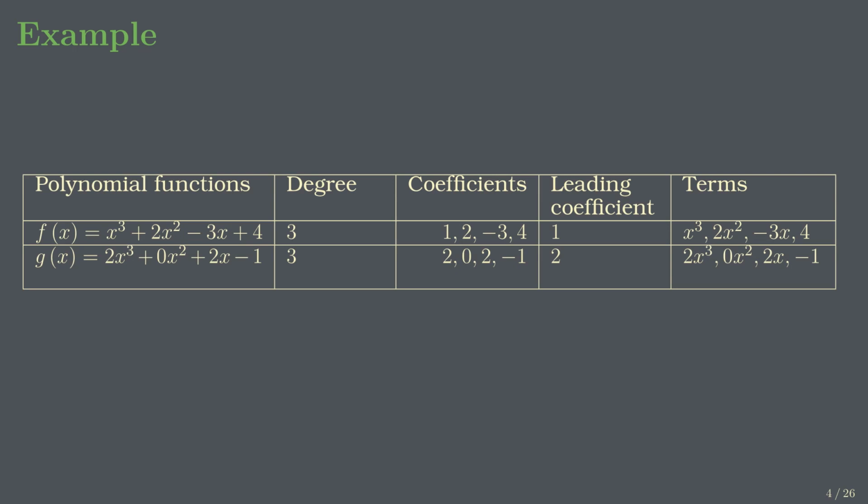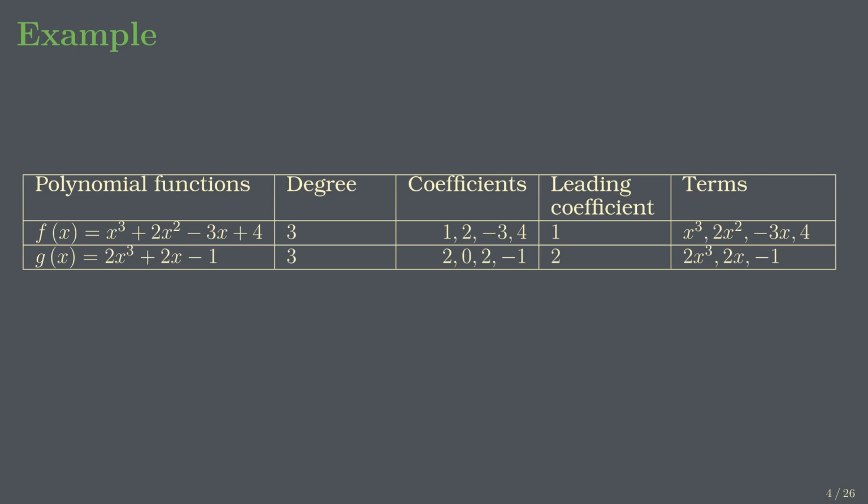But remember that if you multiply 0 by anything, you get 0 again. And if you add something to 0, you have that thing again. So it is redundant to write 0 times x squared in this case. Because of that, we can remove that term from the formula of the polynomial function.